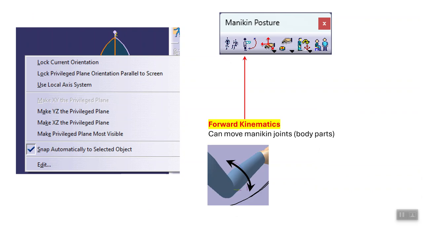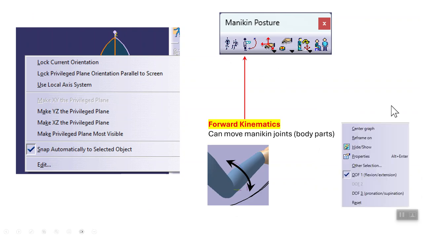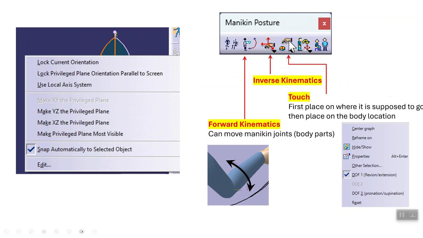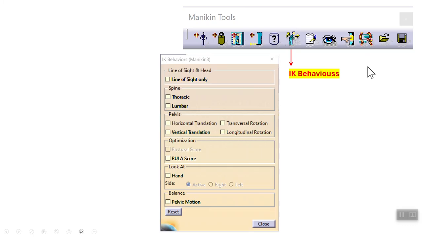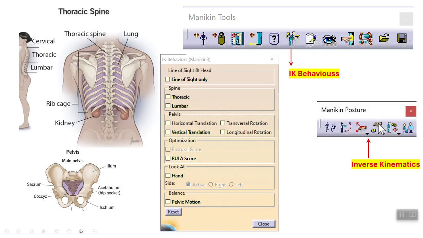And then the forward kinematics and the inverse kinematics are extremely important. And also there is the touch. We make sure that the hand of the mannequin actually touches the link, for example, or the bar. And this is the IK behavior, inverse kinematic behavior, very important. You'll be surprised at what it can do.